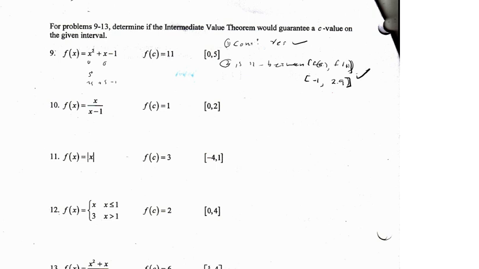So number 9, we said yes. Number 10, what do we think? Does the intermediate value theorem guarantee a value where this function is equal to 1? In the chat, let me know. What do you think? Can we make our statement? Type in the chat, everyone.